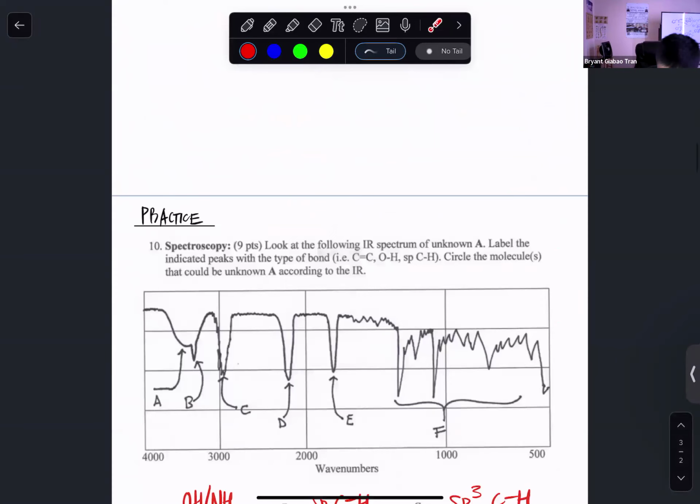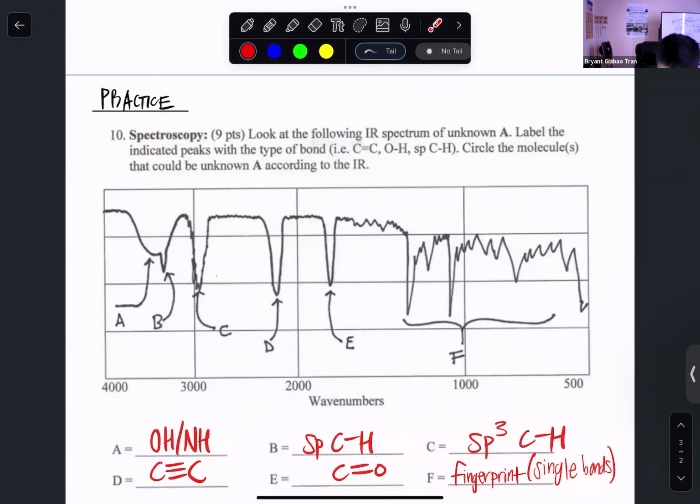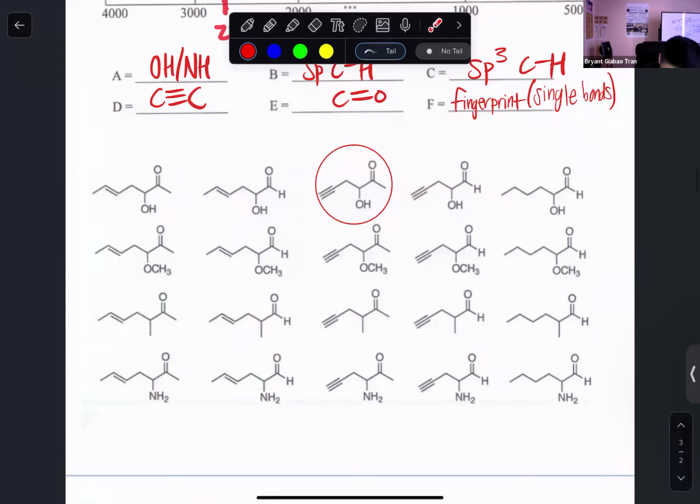If we are here, 2700 would be somewhere around here, and there's nothing there. So there's no aldehyde present, and that would make this structure incorrect.